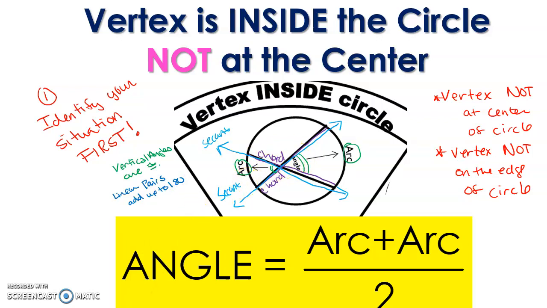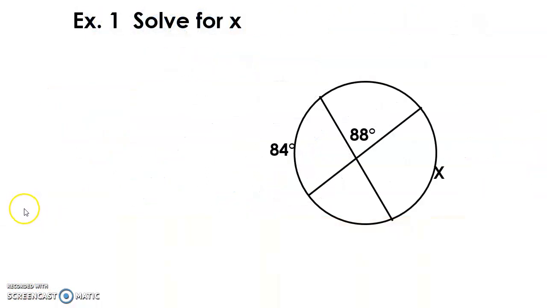And then let's also not forget that our entire circle has 360 degrees. Okay, so now let's take a look at this example. Don't forget, all circles have 360 degrees. Let's go through a couple of quick examples.